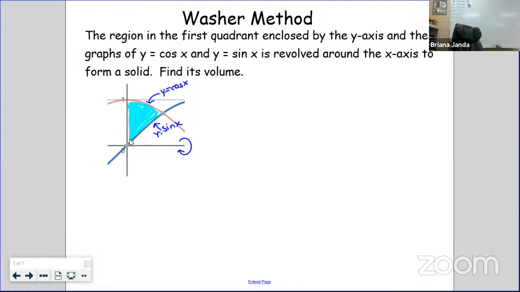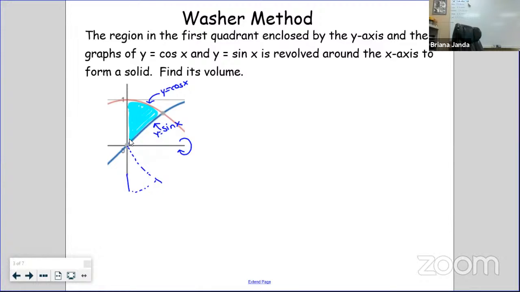Very similarly to how I would do this for the disk method like yesterday's, I would consider what it looks like once I reflect it, because that would be the top and the bottom of our solid. So if I were to reflect this over that line that we are revolving around, we would have our sine curve again here. Our cosine curve would extend a little bit here, coming this direction, and there's our reflected solid.